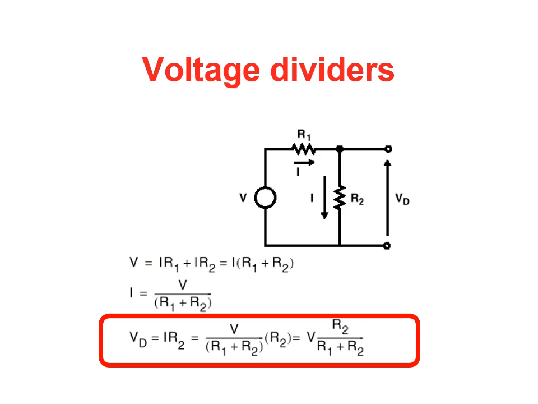If you want the voltage drop across resistor 2, we take R2 divided by the sum of the two resistors times the total voltage. If you want the voltage drop for resistor 1, we take R1 divided by the sum of the two resistors, R1 plus R2, multiplied by the total voltage.